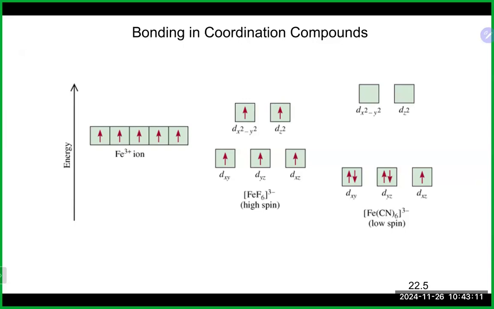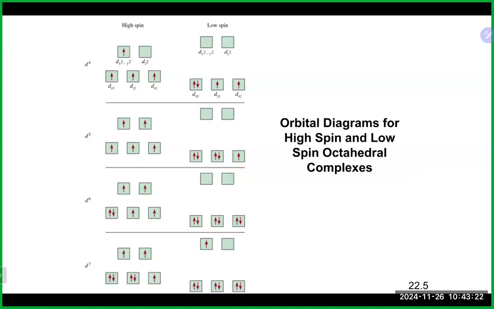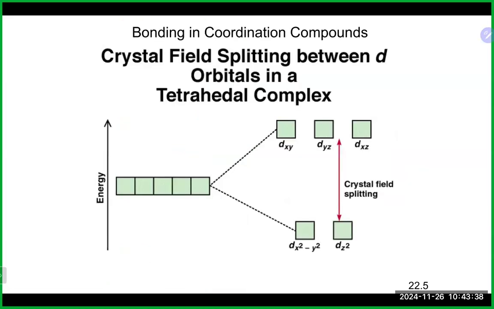What we were just looking at, we have our high spin here, a lot of unpaired electrons, and our lower spin complex there with a lot more paired electrons happening. Here's just an arrangement of a lot of high spin complexes. We're just going to get a lot more unpaired electrons. Low spin, where we have a stronger field, bigger separation, we're going to get a lot more paired up electrons.